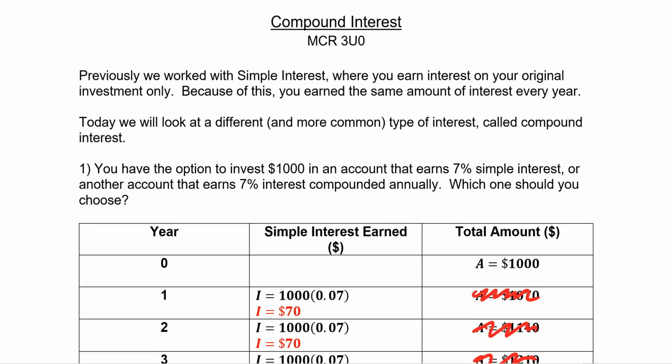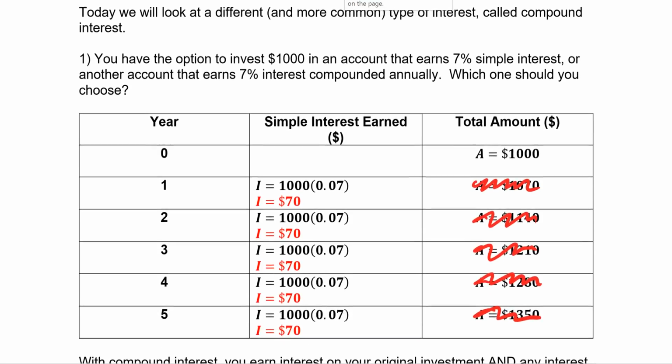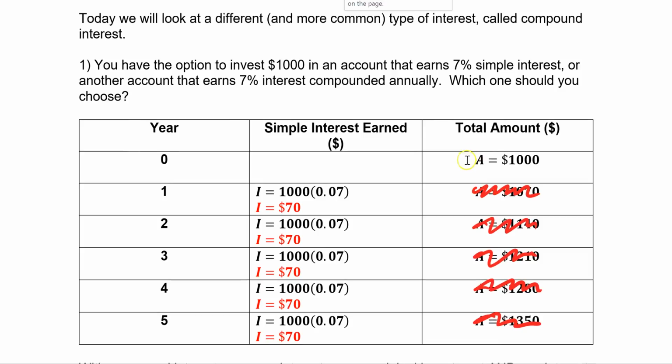For simple interest, I've already filled out this table here. If we invest $1,000, every single year we're going to earn 7% of that, which is $70. That doesn't change, because it's only on the principal amount that we earn interest. So after 1 year, we will have a total of $1,070, as we add the $70 in interest.